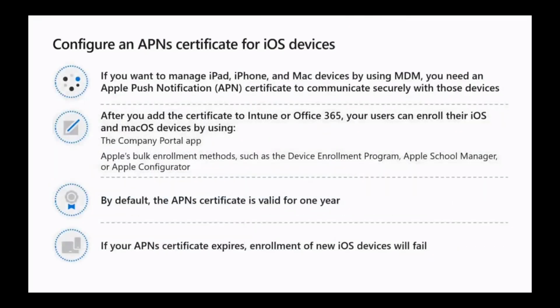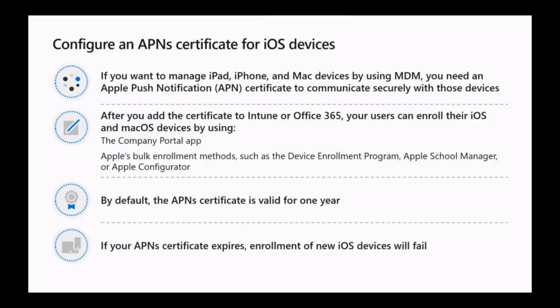So now, APN certificates for iOS devices. Again, this is just for iOS devices. If you want to manage iPads, iPhones, and even Mac devices by using MDM, you will need an Apple Push Notification certificate to communicate securely with those devices.